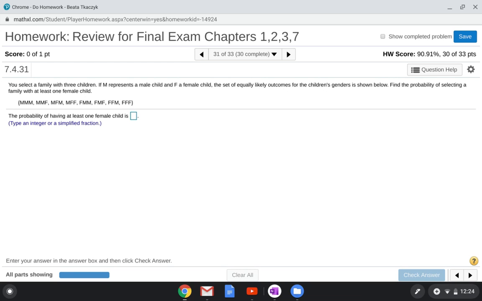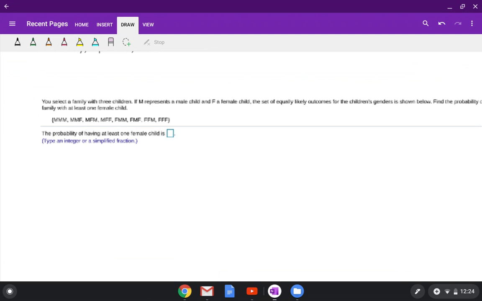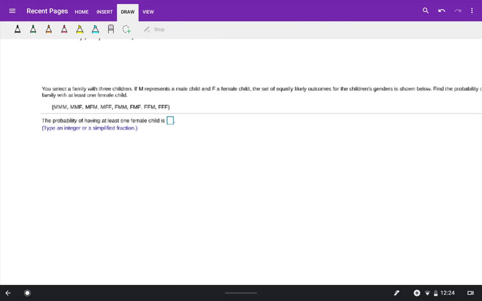So a family with at least 1 female child. At least 1 female child means 1 female or more. So let's go back here. We'll be able to see that here.